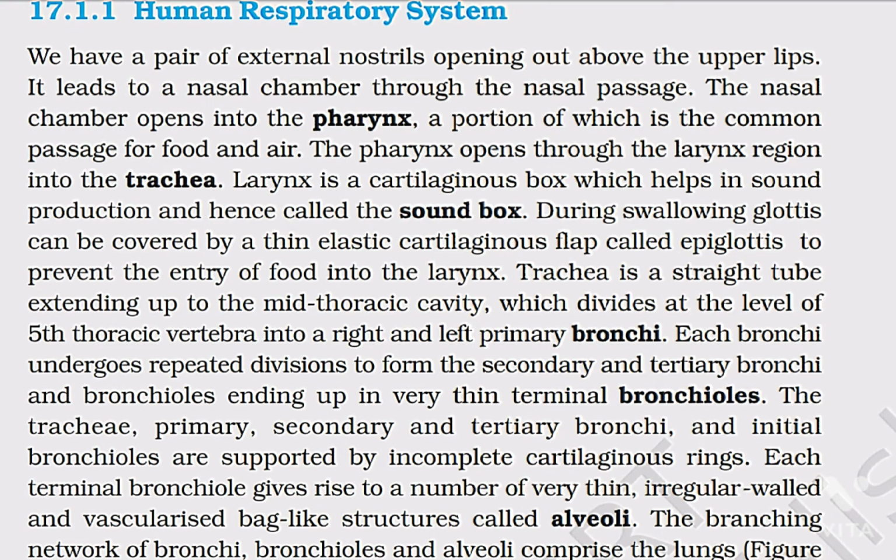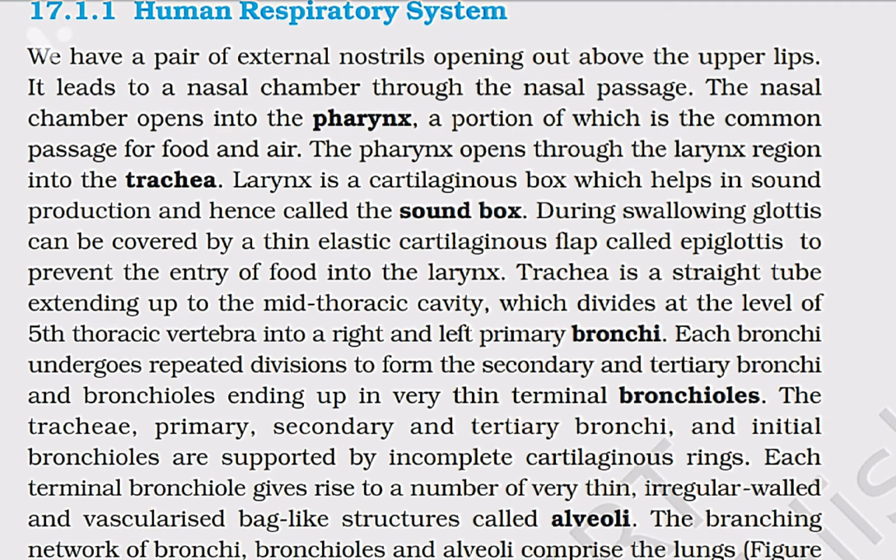The pharynx opens through the larynx region into the trachea. Larynx is a cartilaginous box which helps in sound production and hence called the sound box.